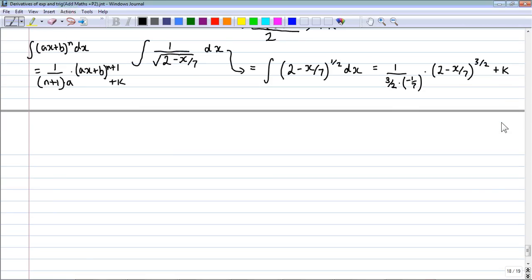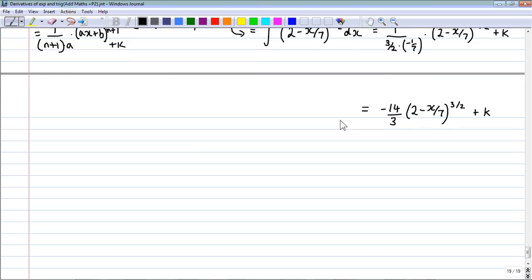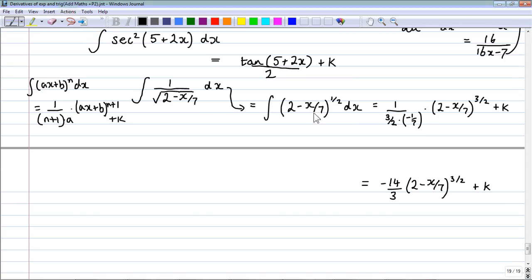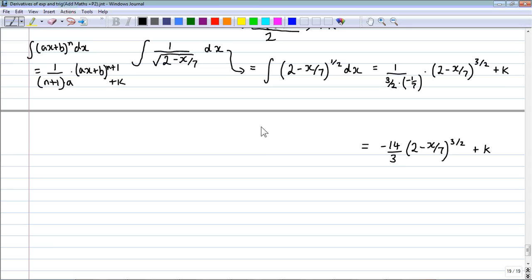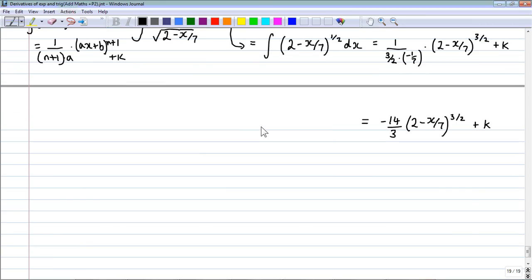Tidying that up, we get minus 14 over 3 times 2 minus x over 7 to the power of 3 over 2 plus a constant. So it looks complicated, and it is a little bit more difficult, but it's the same basic pattern.